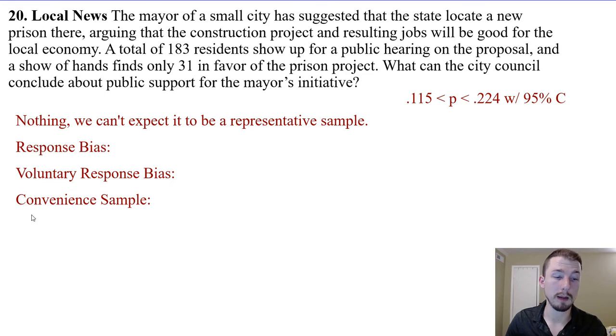So we've got a few types of biases here. So response bias. One is that you got social pressure. So if it seems like there were 31 brave people who raised their hands, well, maybe there were other people who wanted to raise their hands, but they were next to somebody who was violently against it and they didn't want to get beat up or something like that, right? Because unfortunately, tensions, pressure, right? You all feel it, right?